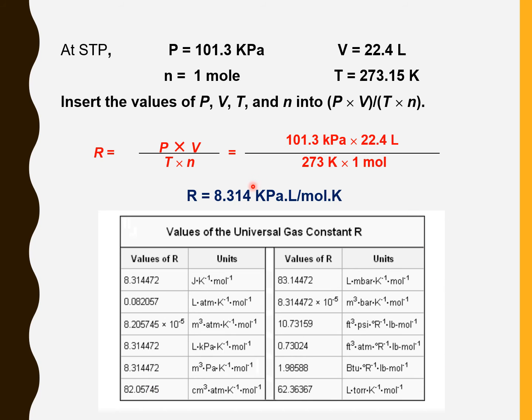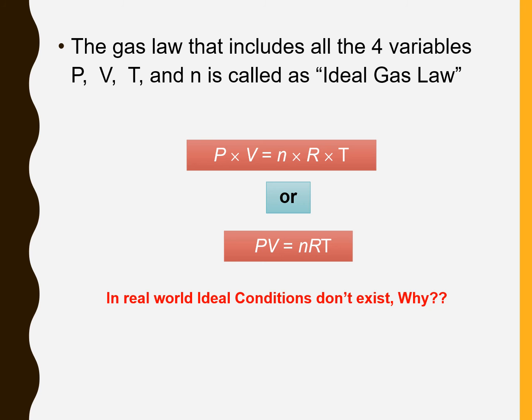For example, with kilopascals times liters it is 8.314; if you change it to liters times millibar, the value becomes 83.14; with feet and psi, it is 10.73. So units are very important whenever you solve problems in chemistry. The ideal gas law includes all four variables P, V, T, and n, and the equation is PV = nRT.